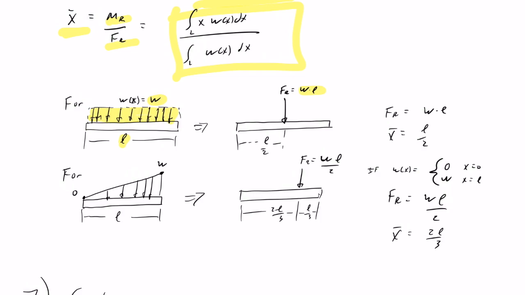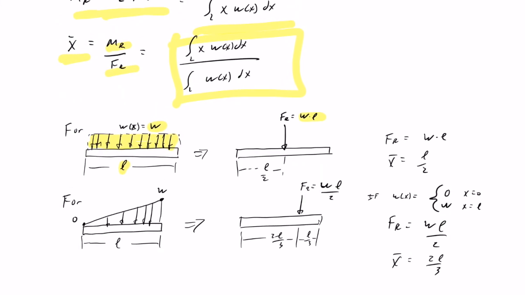And if you solve the equivalent moment and get x bar for this uniform distributed load, you'll find that x bar is just L over 2. So for any uniformly distributed load, F_R is just W times L, and x bar is just L over 2. That's what it is for all uniform distributed loads. Now for a steadily increasing load, this triangle load, right?